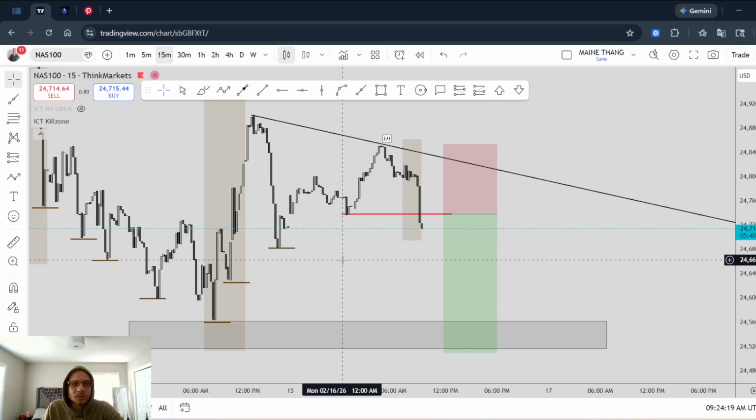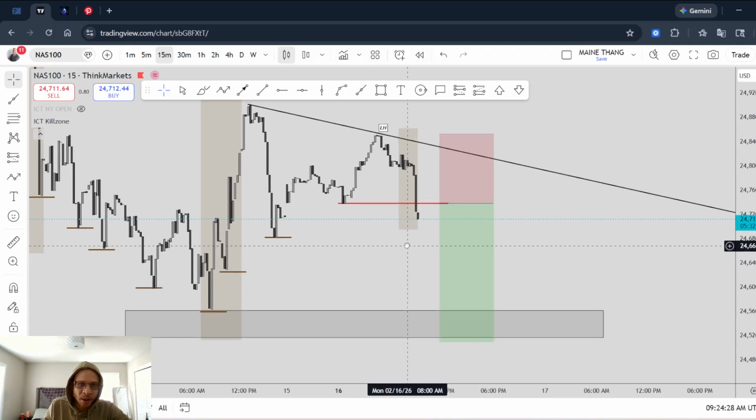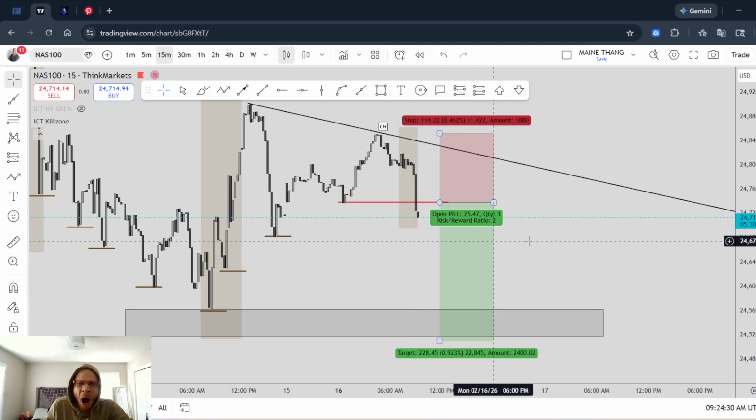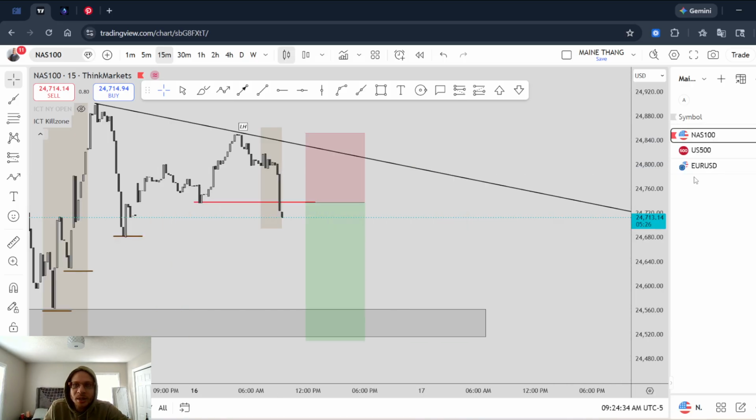So now we just wait and see what market open does. If it takes off without us, so be it. Let's look at OG Euro USD.